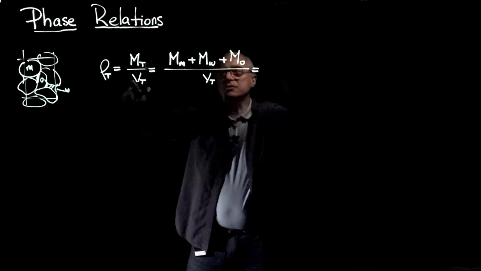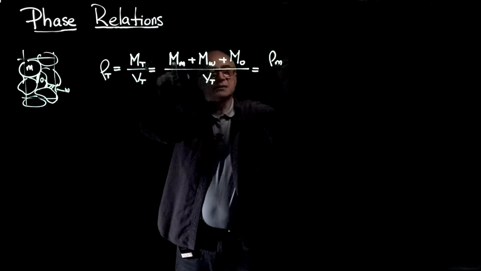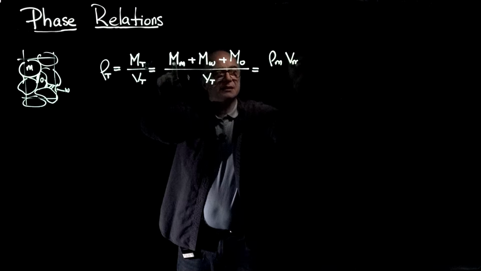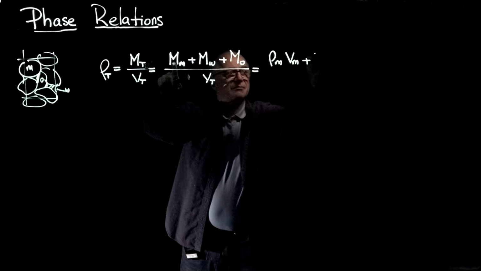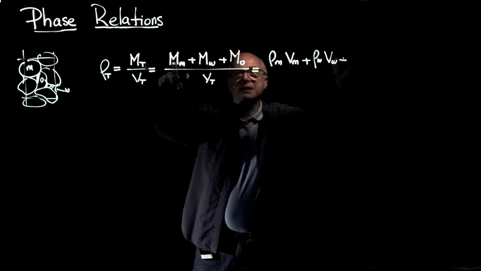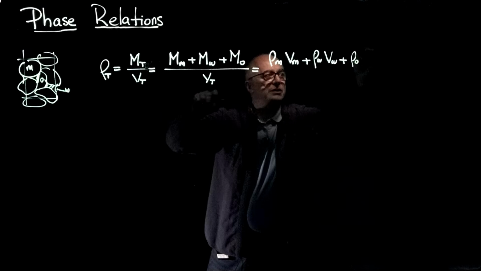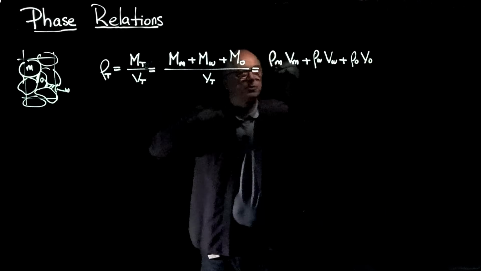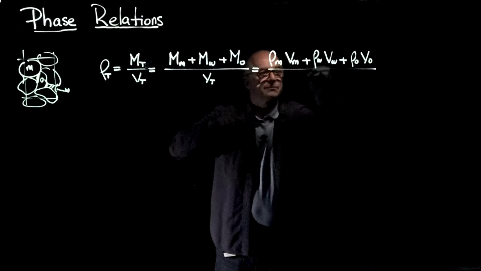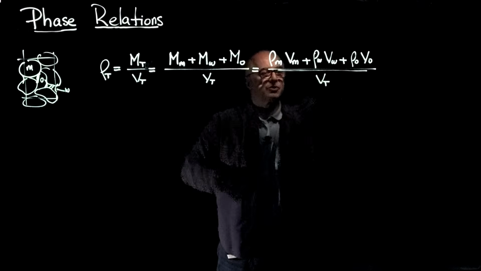So this is going to be the mass density of mineral times the volume of the mineral plus the mass density of water times the volume of water plus the mass density of the organic component times the volume of the organic component divided by the total volume of the system.